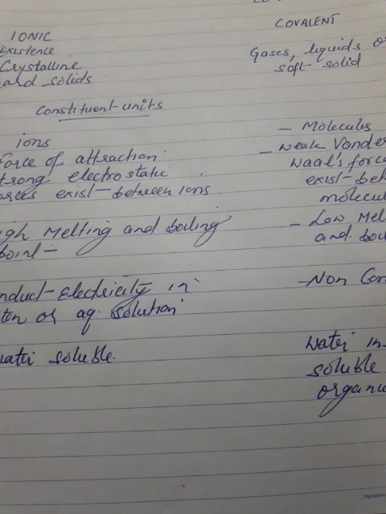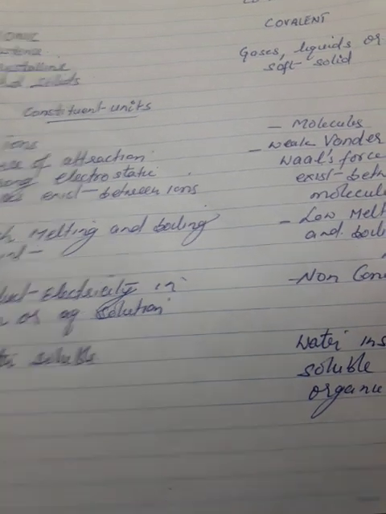Then which type of forces are present in ionic and covalent compounds? In ionic compounds, strong electrostatic forces are present, whereas in covalent compounds weak van der Waals forces are present.